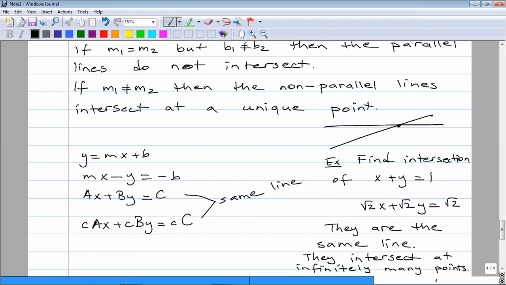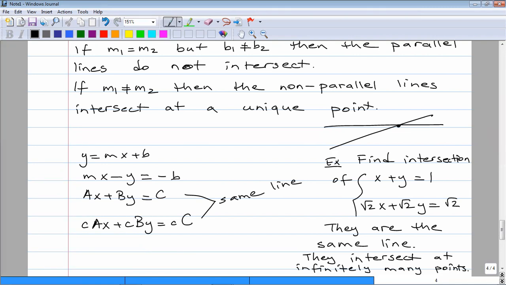Any questions about lines? But these are not the same line, right? They are the same line, these two. The equations are different, but the lines themselves are the same. If you sketch the graph, they are both the same line.